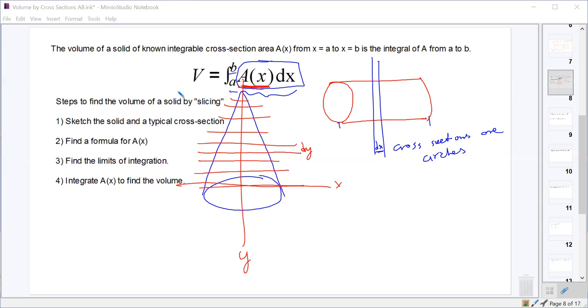Okay, sorry about that. So we're going to make this a little bit more complicated now. Suppose we had some sort of weird looking shape here, like this.